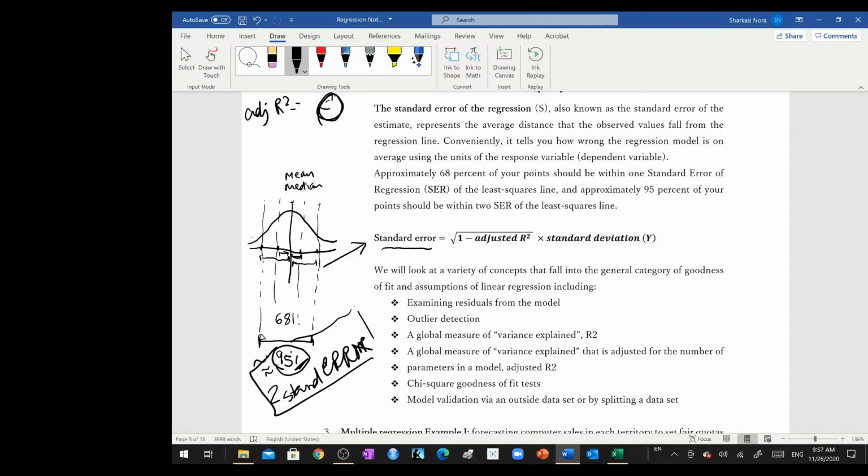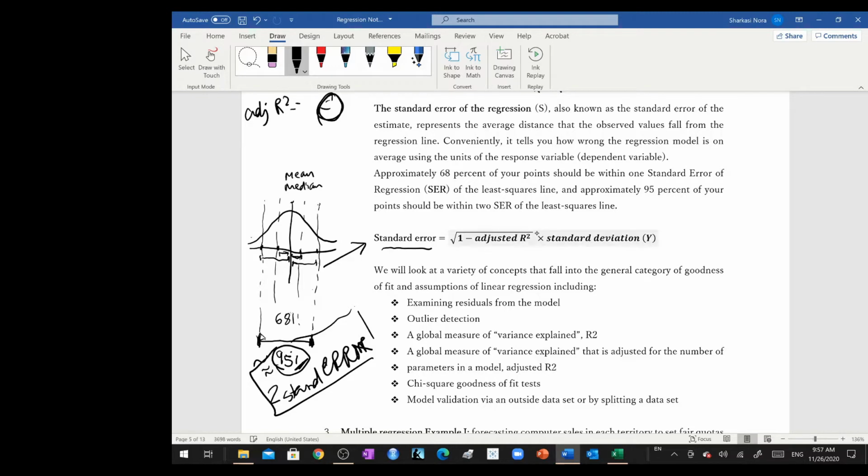This means, as a standard error, that your data is closer to the predicted data. Predicted data is basically the mean. So your actual points are as close as possible to the predicted values.